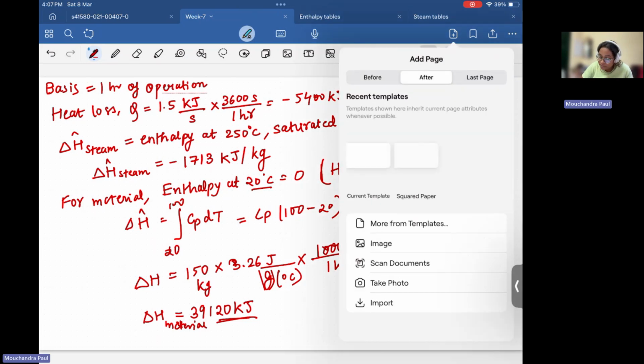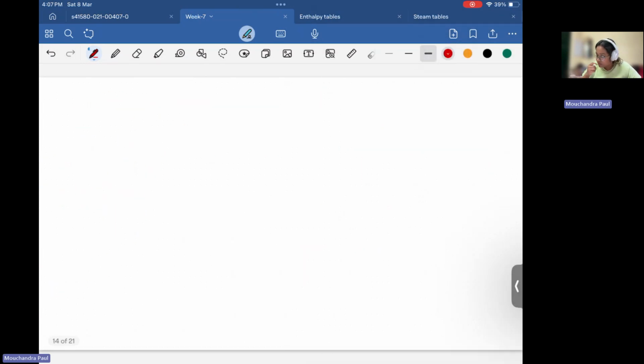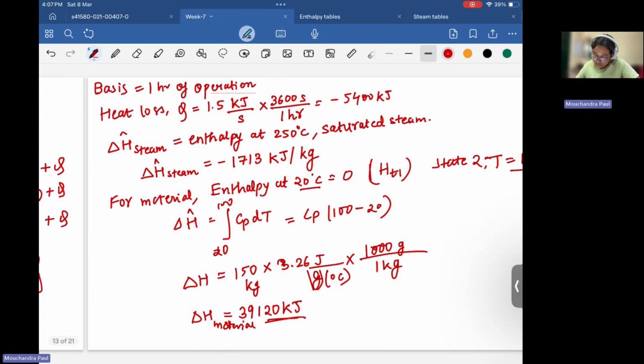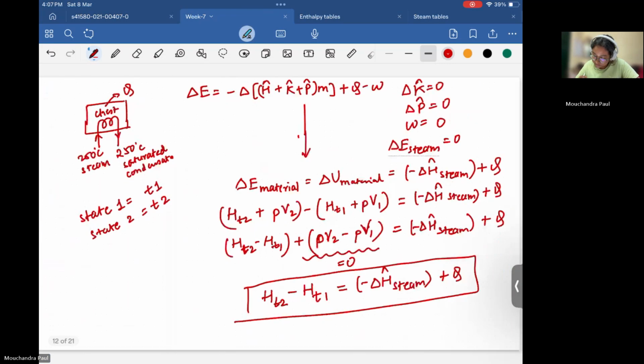Now we also know that due to the reaction, some heat is absorbed. All right. So if some heat is absorbed, that was around 2300 kilojoule per kg. So for 150 kg of material, how much heat is absorbed?